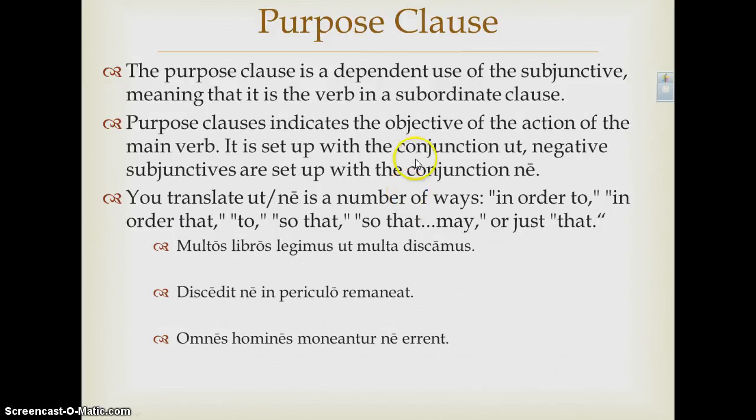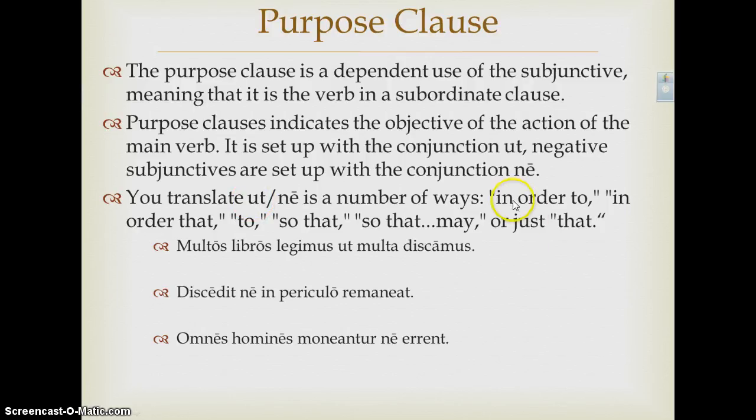You make a purpose clause because it is a dependent subordinate clause. You need to have a conjunction set it up. That conjunction is going to be ut, or a negative purpose clause is set up with ne. Now you can translate ut a number of ways.